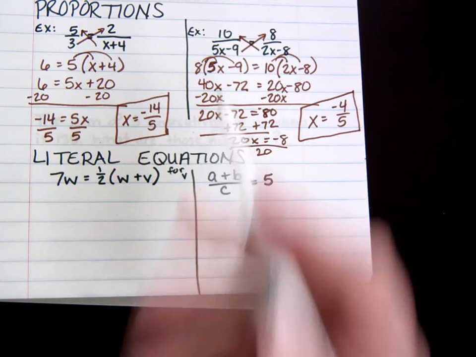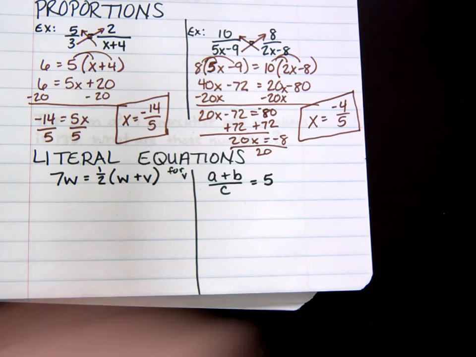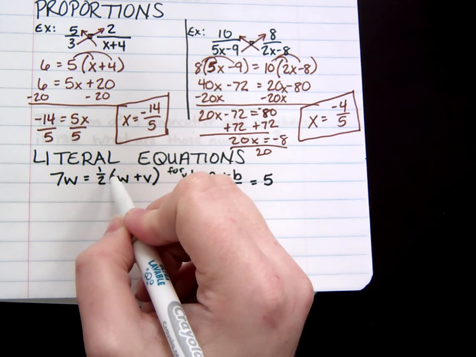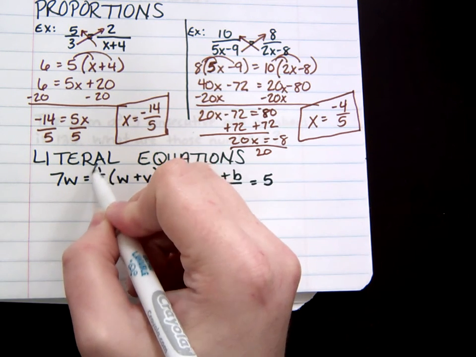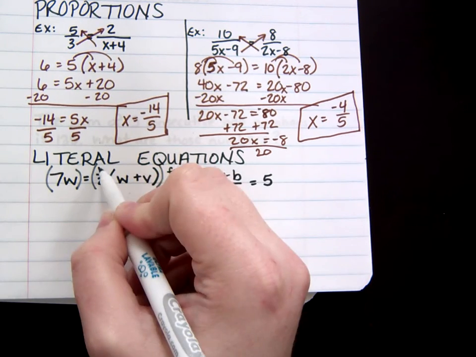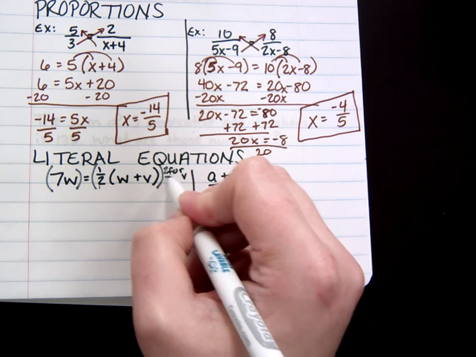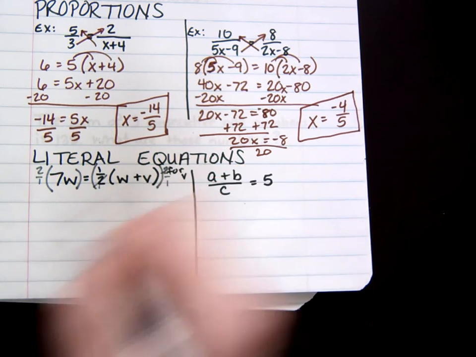So I'm going to start by getting rid of the 1/2. Now remember, if you want to move a fraction to the other side, what you want to do is multiply by the reciprocal. So that means you're going to flip it over. So I'm going to multiply both sides by 2/1. This basically cancels out the fraction.